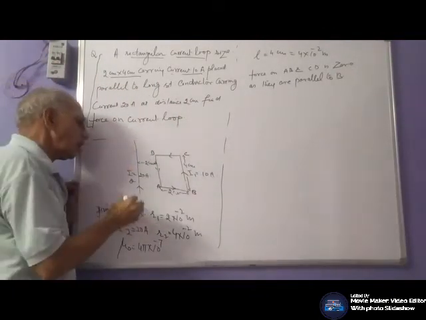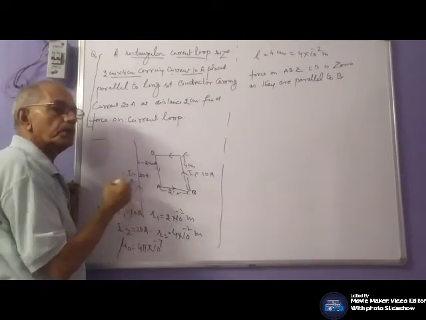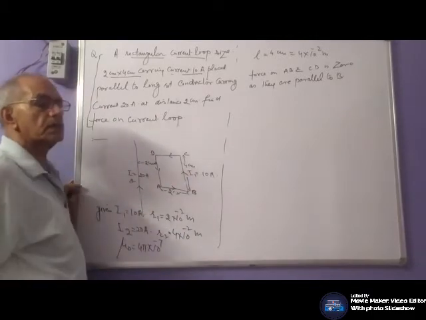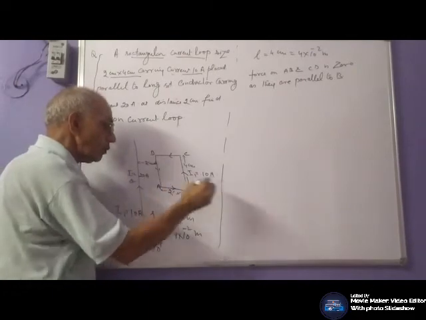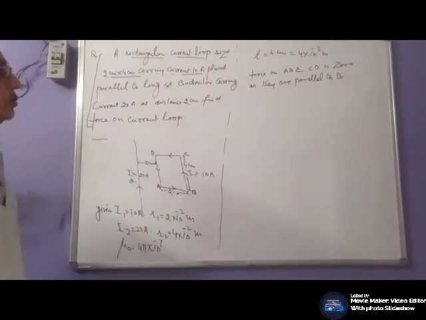This is a current, a long straight conductor. This is the direction of B, perpendicular. B is perpendicular to the direction of this current. So this is the direction of B. AB and CD are in the direction of B, so force is 0.